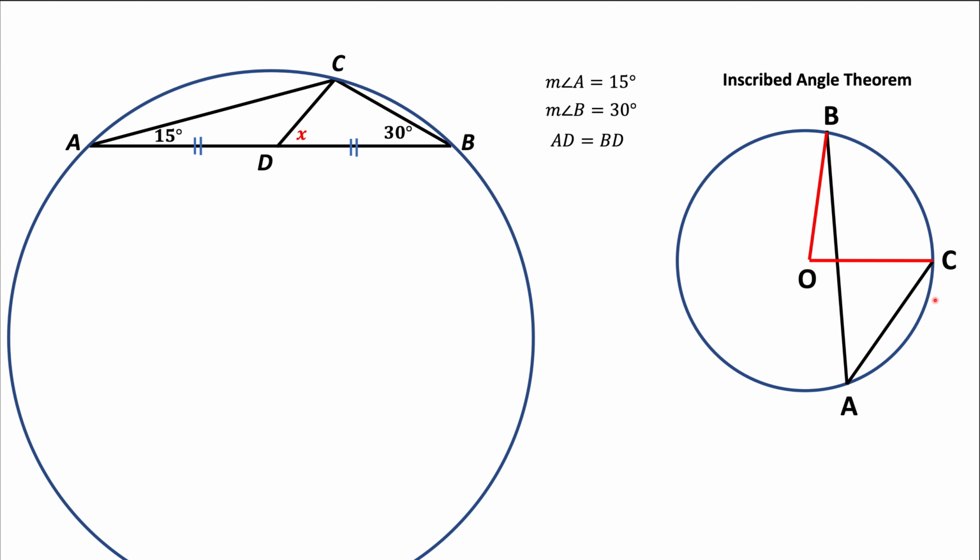What we need to know here is that the central angle is twice as large as the inscribed angle. And this is what's written here: the measure of angle BOC is twice the measure of angle BAC.